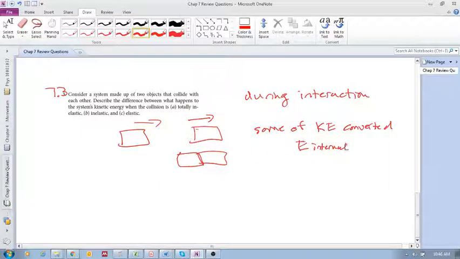Internal energy. Remember, internal energy changes if you change the shape or the temperature. These are two examples, changing the shape or the temperature of the objects.